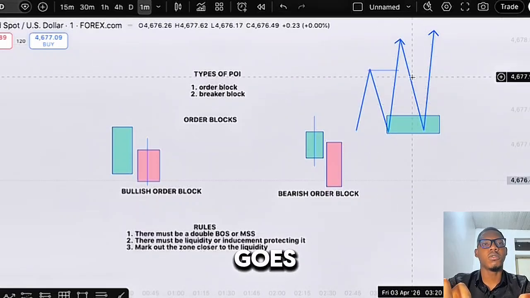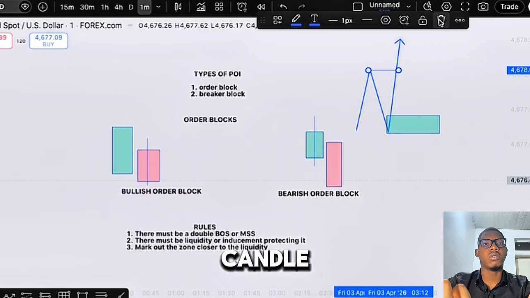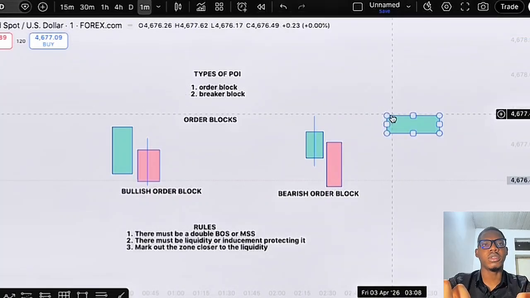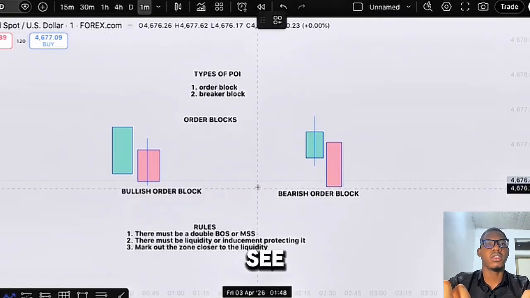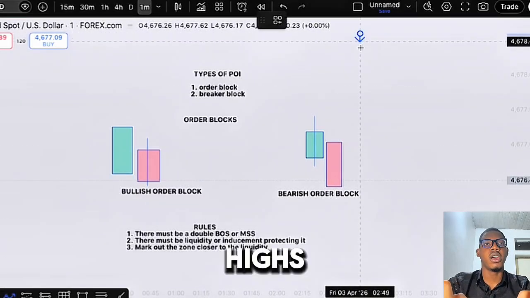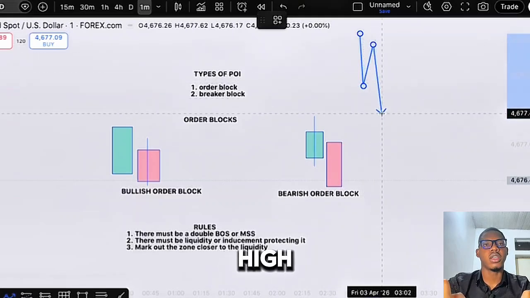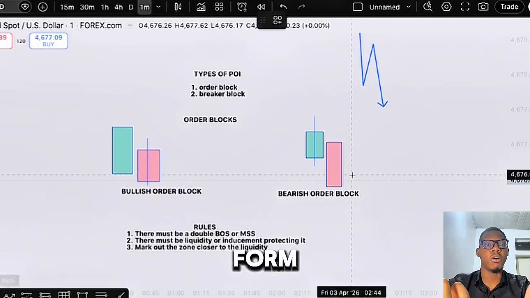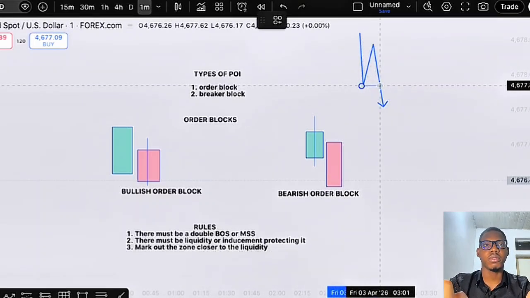The same thing goes for the bearish movement right here. In a bearish scenario, you can see lower highs, lower lows, and a lower high, lower low right here. So price came here and formed a break of structure.